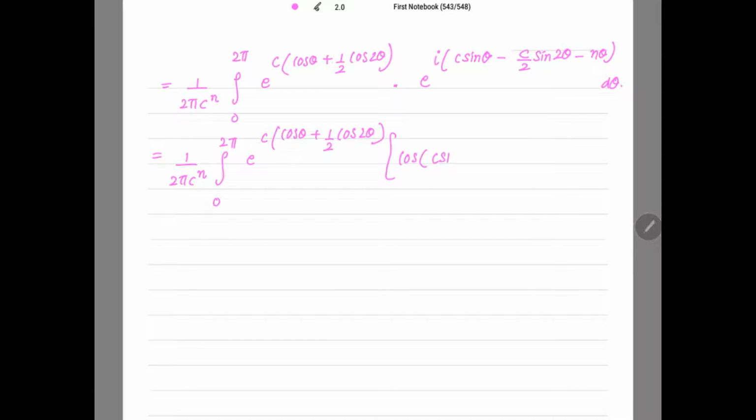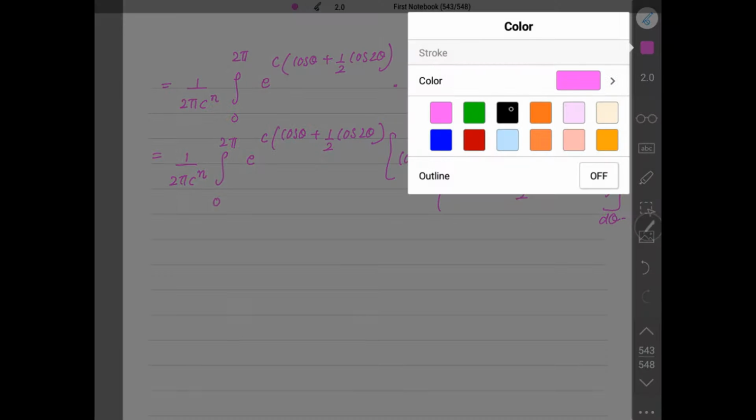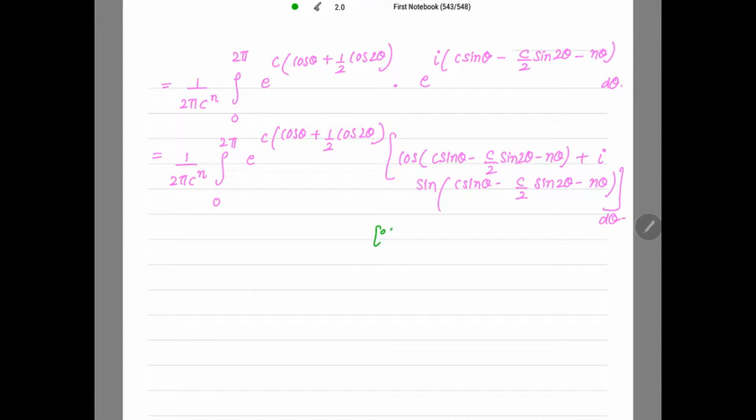So this is cos of c sine theta minus c by 2 sine of 2 theta minus n theta, plus iota sine of again the whole thing, c sine theta minus c by 2 sine 2 theta minus n theta, with d theta. E raised to the power iota theta is equal to, I am using this, cos theta plus iota sine of theta again and again.